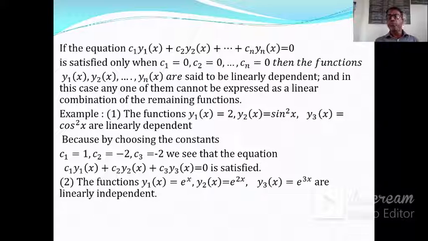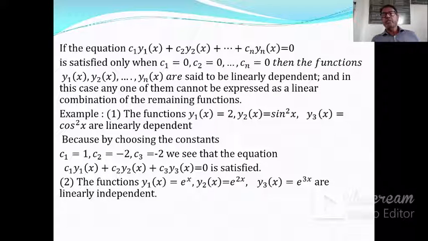For this purpose, we consider its linear combination to be 0. Means we consider C1 y1 of x plus C2 y2 of x plus C3 y3 of x is equal to 0, that is, the equation C1 e to the power x plus C2 e to the power 2x plus C3 e to the power 3x is equal to 0.